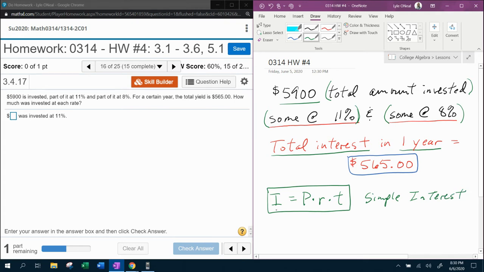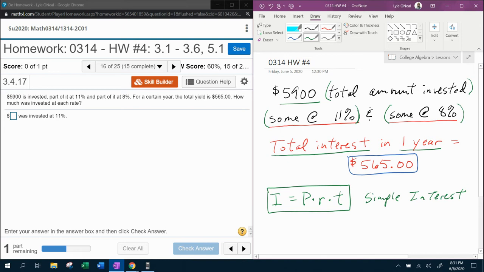I is the interest earned, how much money you're going to make on interest. P is the principal, the amount of money invested in that account. R is the rate, the percent that you earn. And T is the time, the number of years that the money is invested.